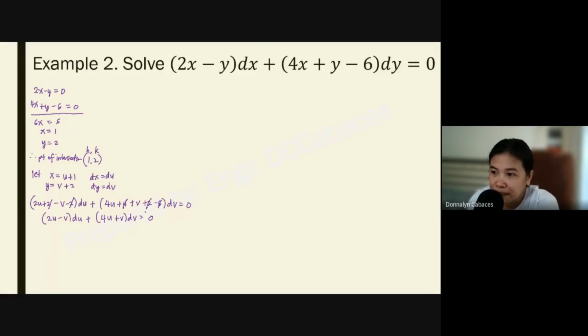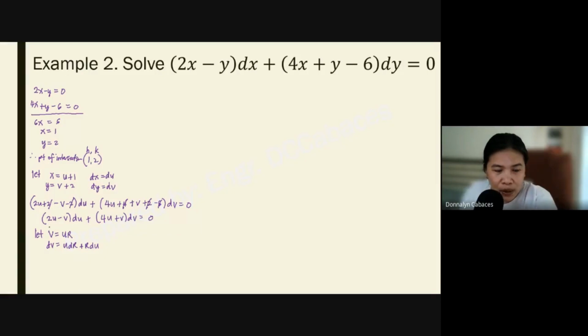Now what is this equation? Again, obviously, it is homogeneous of degree 1 in u and v. So let us introduce again the variable r. Let v equal ur. Therefore, our dv is u dr plus r du.